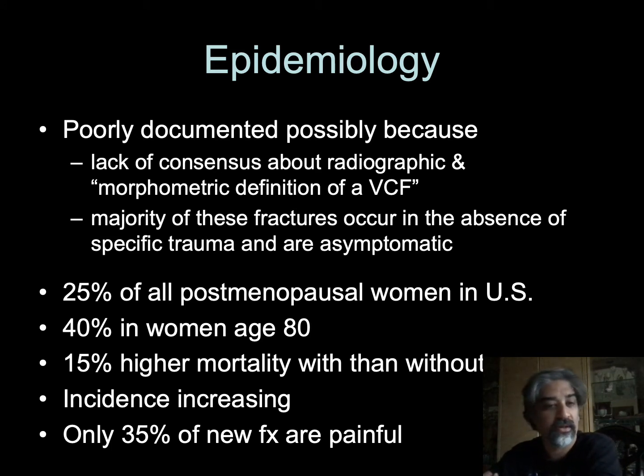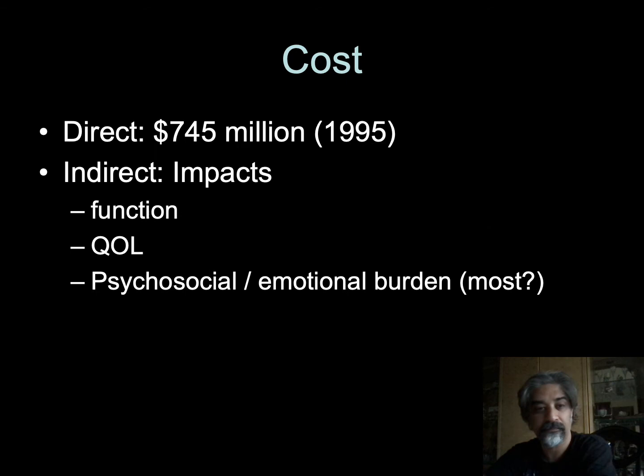But the numbers are, back in 2006, 25% of all postmenopausal women in the US, 40% of women age 80 and above, 15% higher mortality with than without. The incidence kept increasing. I think the aging population contributed to that. And only 35% of new fractures are actually painful, so maybe we're missing them. It's costly.